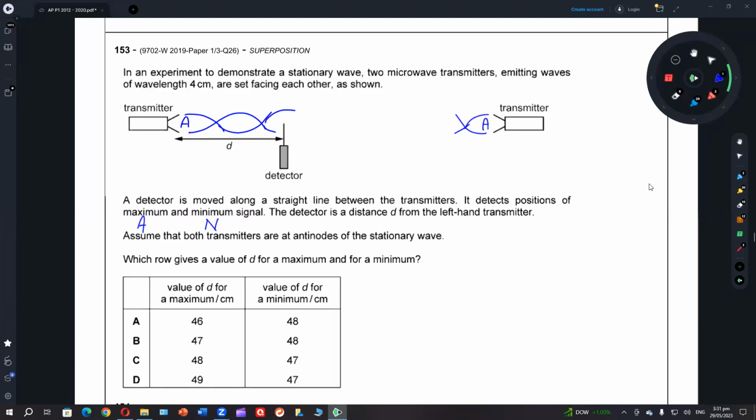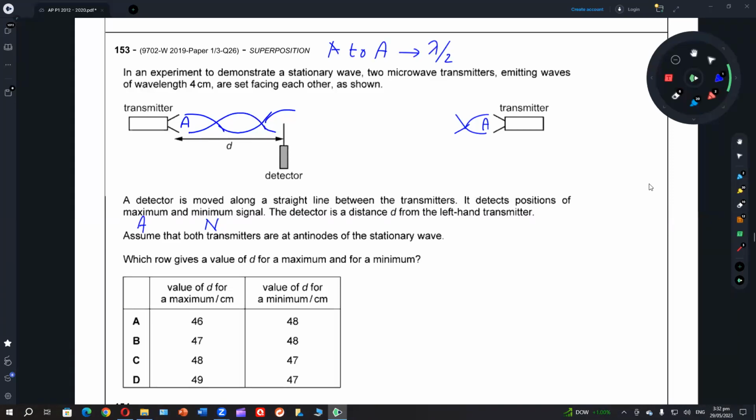And we know that node to node is lambda by 2. Now we have translated the data, and I think we have to do it by trial and error, the elimination method, because it's lambda by 2.